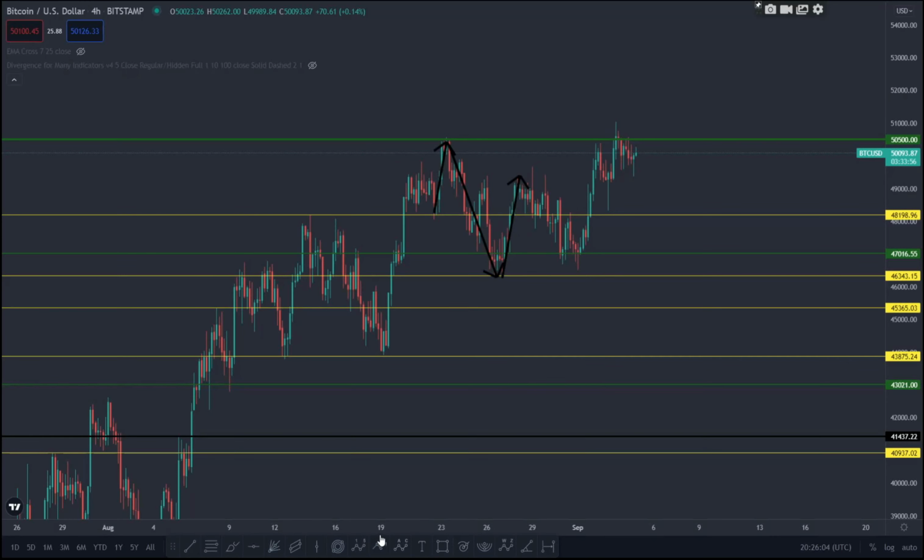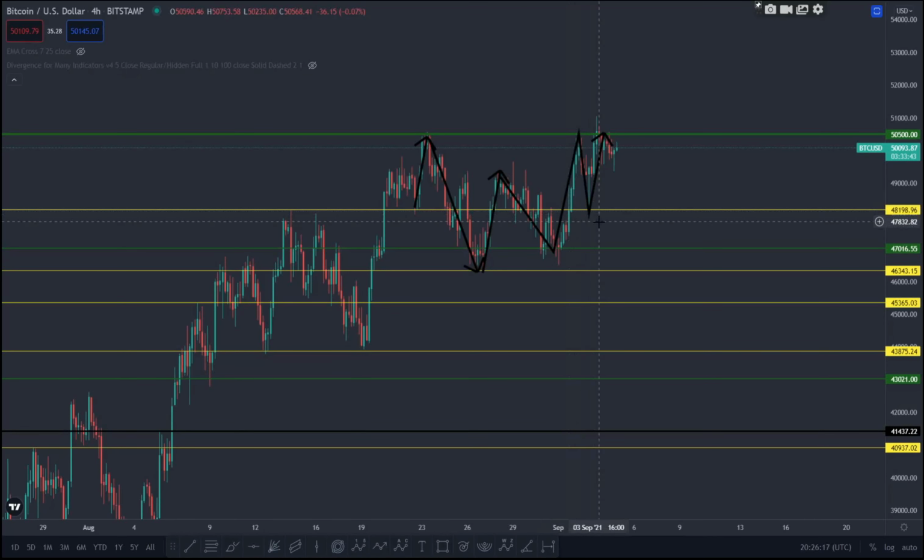Actually, it goes a little lower, tests this line, and then tries to break above but gets resisted. That's why it's called a resistance line. And in these areas the price is getting supported, that's why it's called a support line.